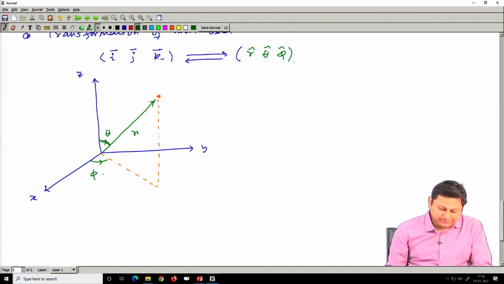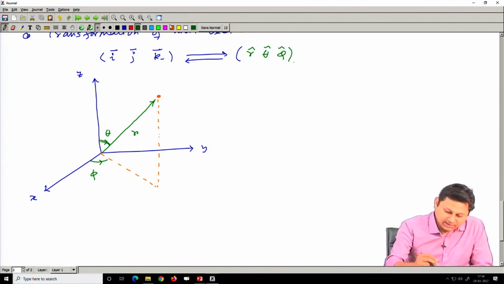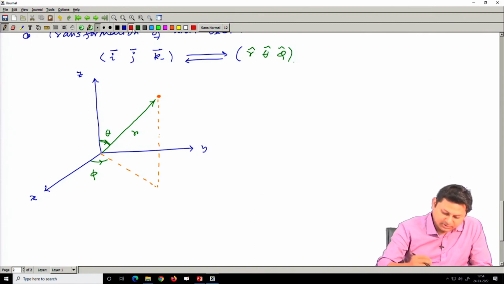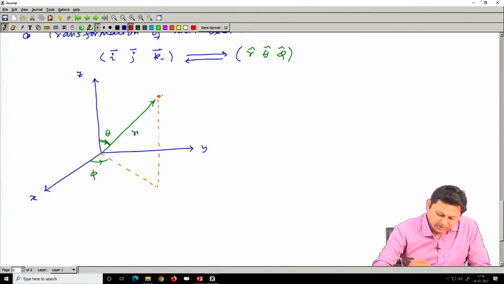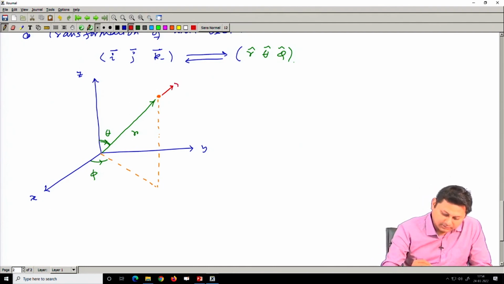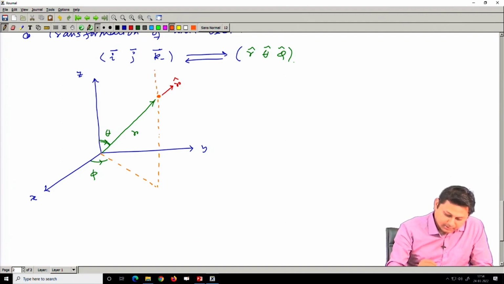Now, in terms of unit vectors, let us understand what the unit vector associated with these coordinates should be. The unit vector r will be along this direction, so this is the r unit vector, which makes an angle here; by geometry, this angle should be theta.